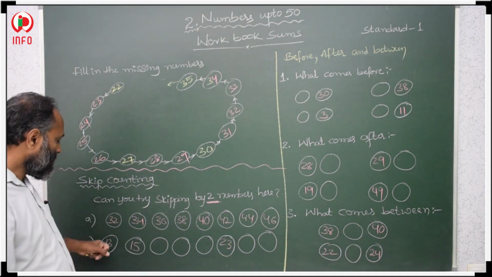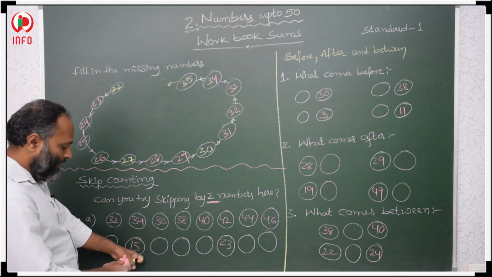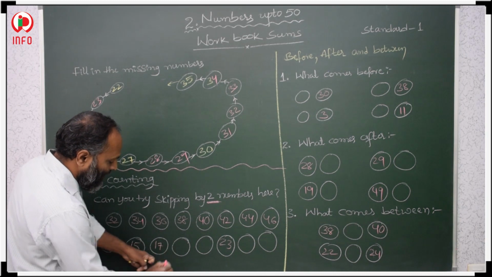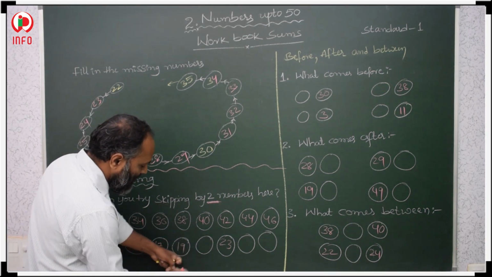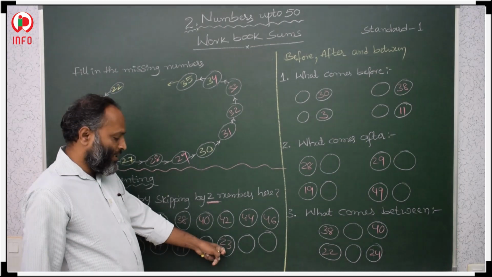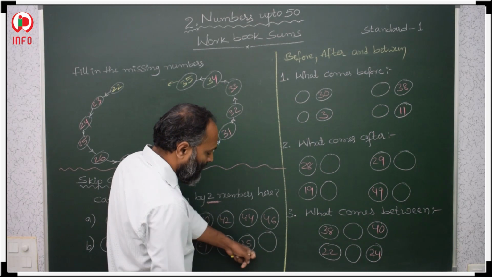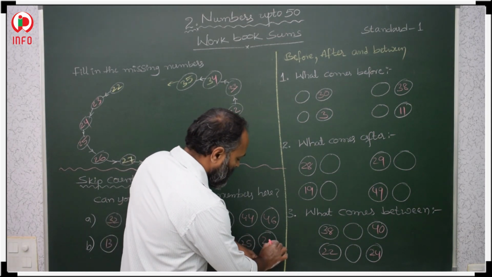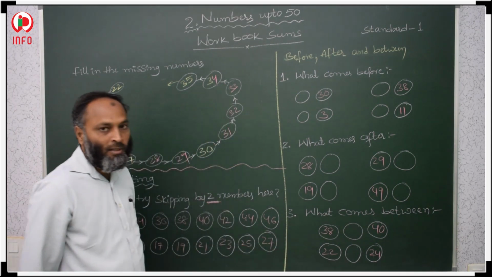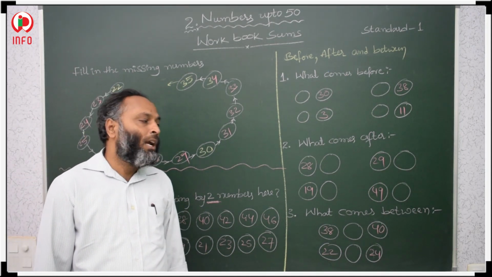Next, 13, 14 is skipped, 15, 16 is skipped, 17, 18 is skipped, 19, 20 is skipped, 21, 22 is skipped, 23 is given, 24 is skipped, 25, 26 is skipped, 27. Like this we skip one number and write.